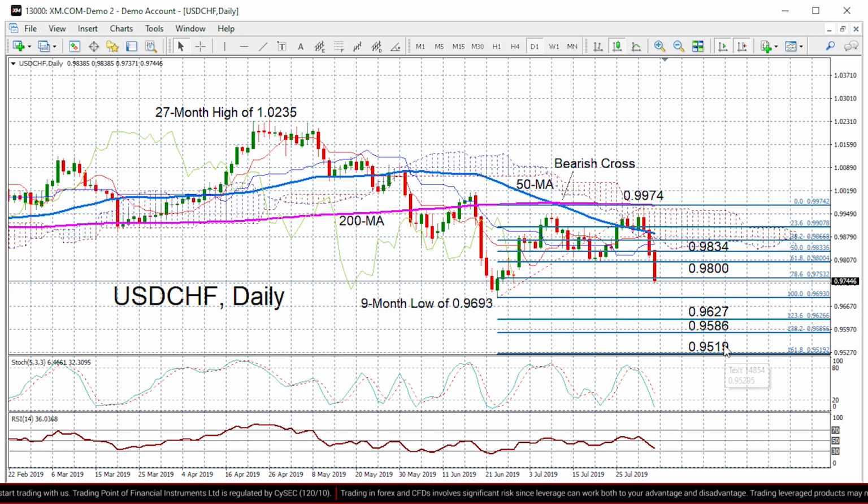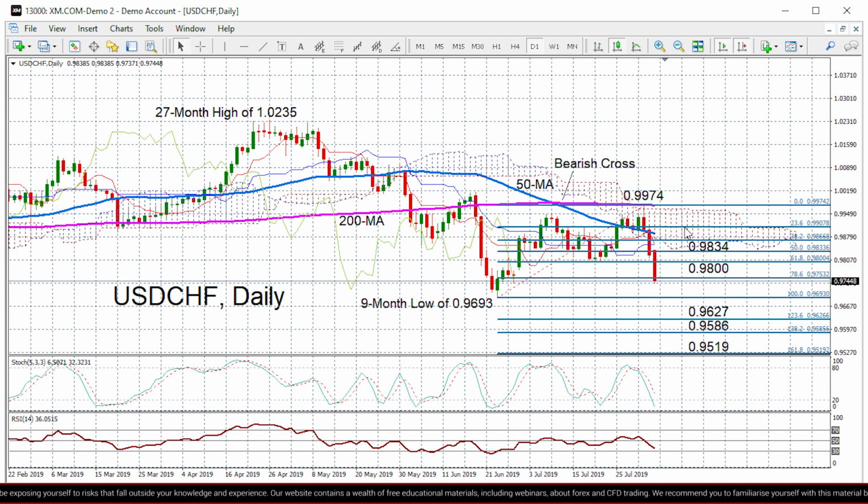If we were to get some kind of an upside correction, the first big test would be the 0.98 handle. That's the 61.8% Fibonacci. That could open the way towards the 50% Fibonacci at 0.9834, and then that could lead prices inside the Ichimoku cloud, helping shift the bearish picture to a more neutral one in the medium term.